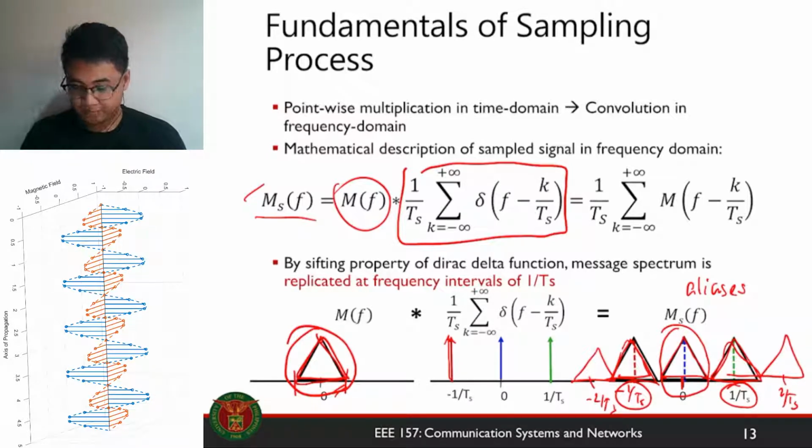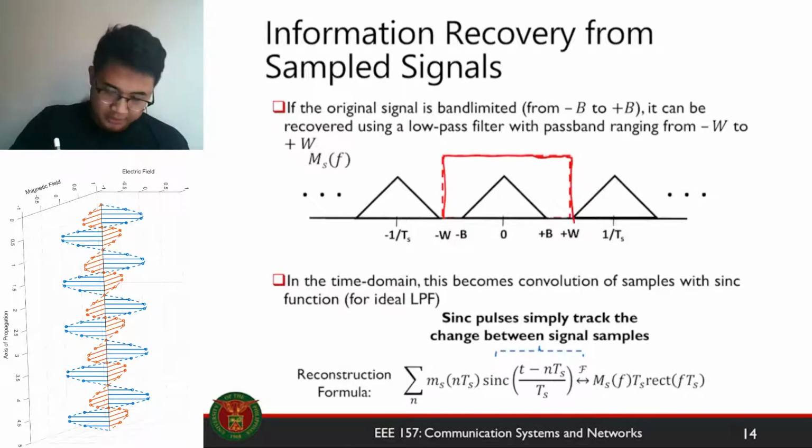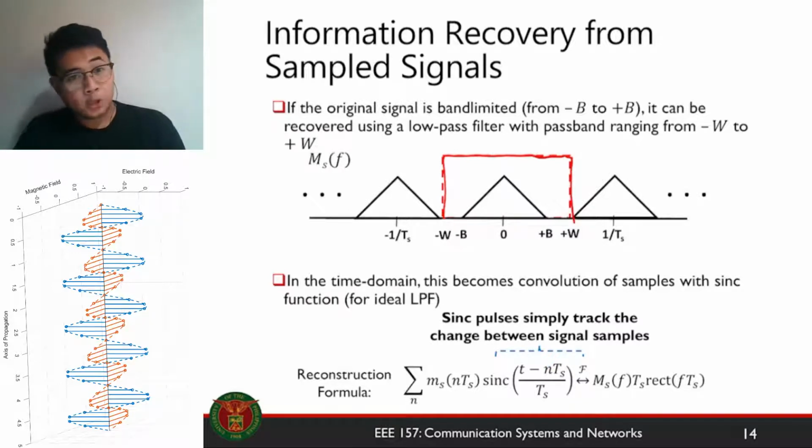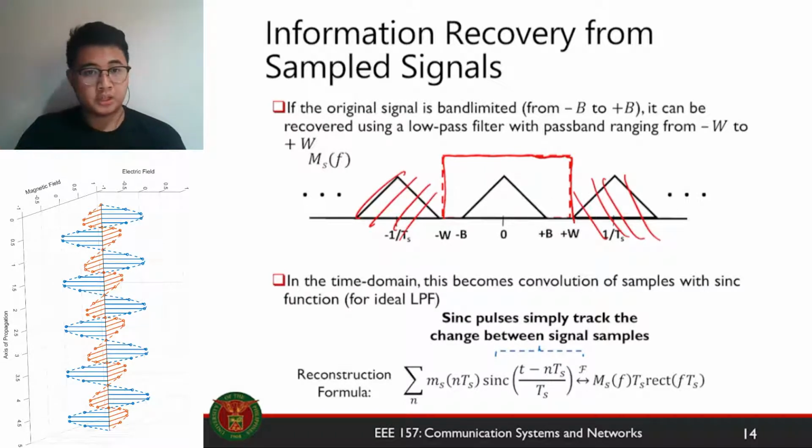So if your sampling rate is very low, the more space there is between your original signal and your aliases. And that's how we actually recover your sampled signal. We're using a low-pass filter. If we use some ideal low-pass filter, as you can see here, we are rejecting the high-frequency components and preserving the original signal.